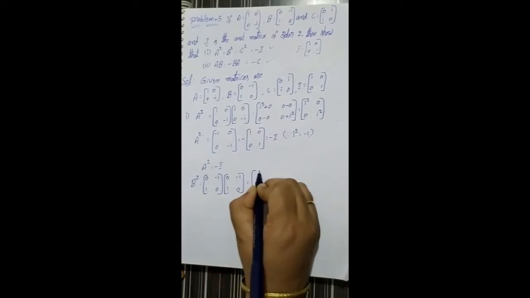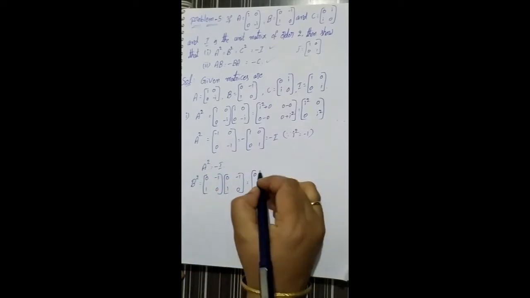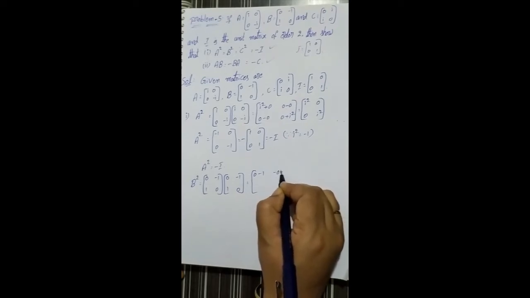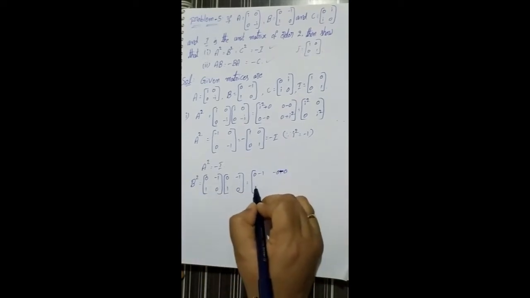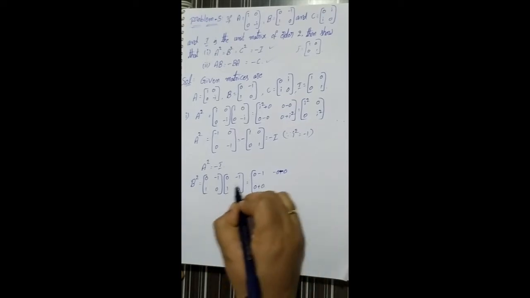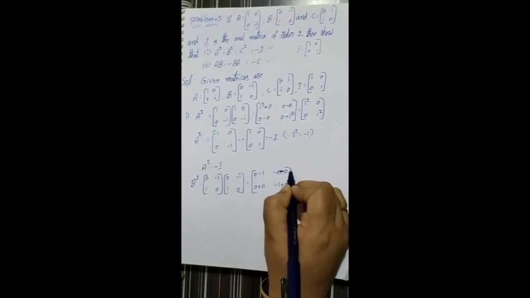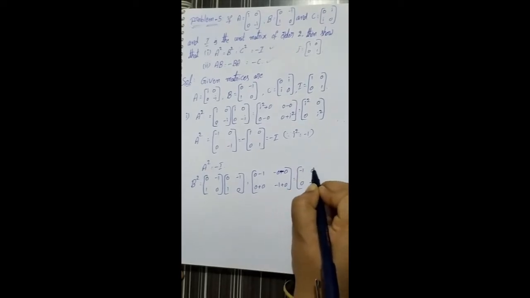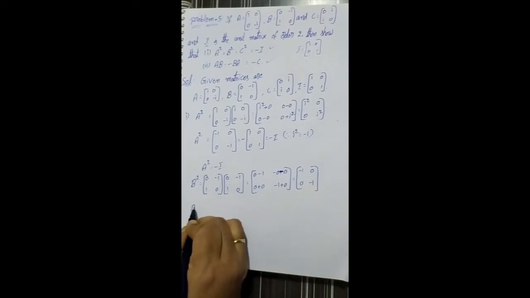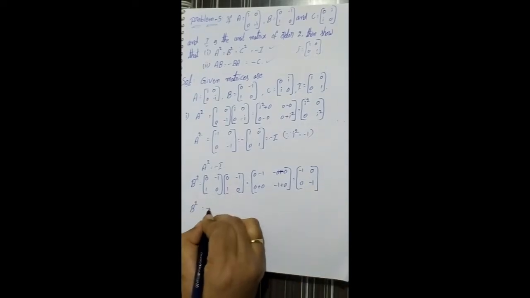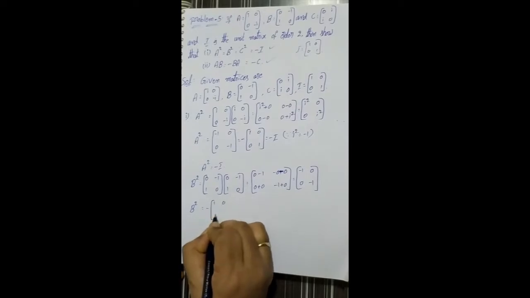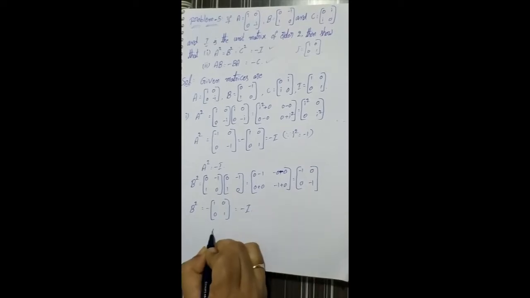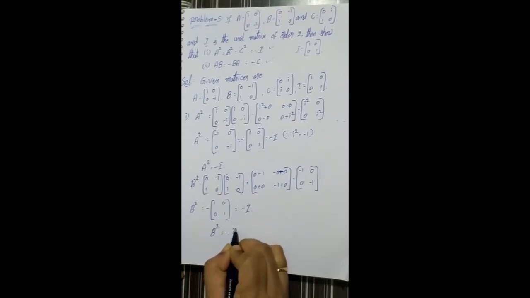That is equal to [-1, 0; 0, -1]. Here also we can take minus as common, so B squared equals minus of [1, 0; 0, 1]. That is equal to minus I. Then we have B squared equals minus I.